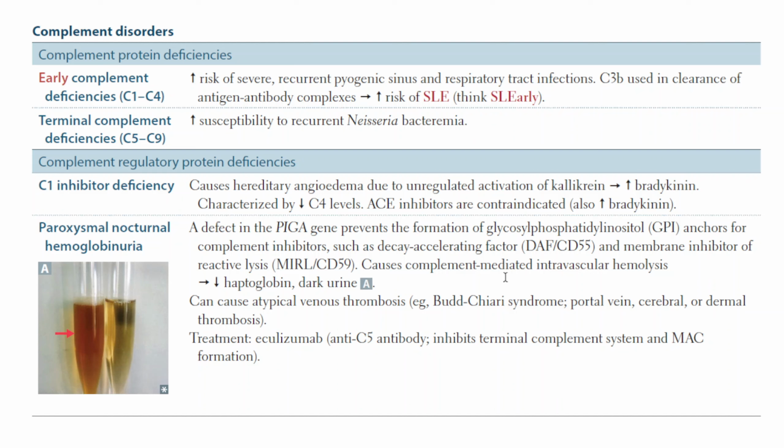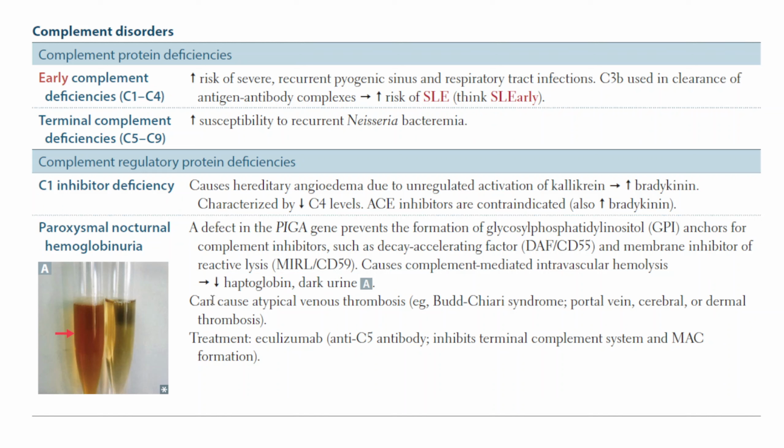So remember, because of the defect in the PIGA gene, there won't be GPI. GPI is an anchor for the complement inhibitors, decay accelerating factor and membrane inhibitor of reactive lysis. When you have this deficiency, you're going to have complement-mediated intravascular hemolysis, diminution of haptoglobin, and dark urine.